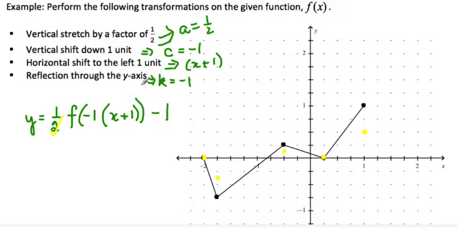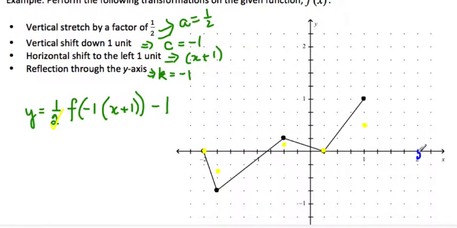Sorry about that. Now the reflection through the y-axis, we're going to flip all of these points and change the sign on its x-coordinate. So that was -2. It's now going to be +2. This one's 1 away, so it's going to be 1 away.